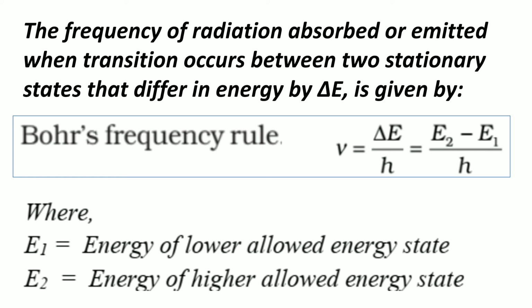This is the Bohr frequency rule, which uses Planck's quantization concept, the energy-frequency relationship, and h is Planck's constant. Its value is 6.626 times 10 to the power minus 34 joule seconds. Here E1 is the energy of the lower allowed energy state and E2 is the energy of the higher allowed energy state. So by using Bohr's frequency rule, we can easily calculate the frequency of the emitted or absorbed radiation during the transition.